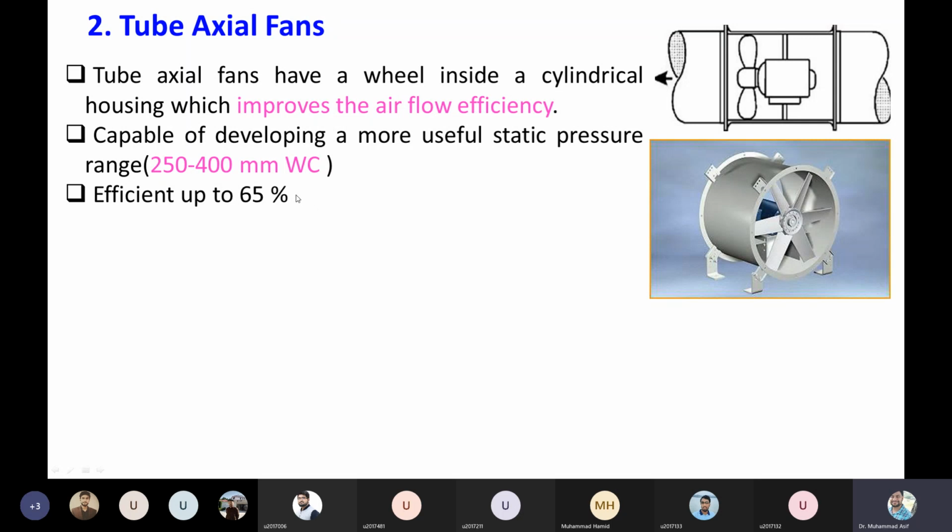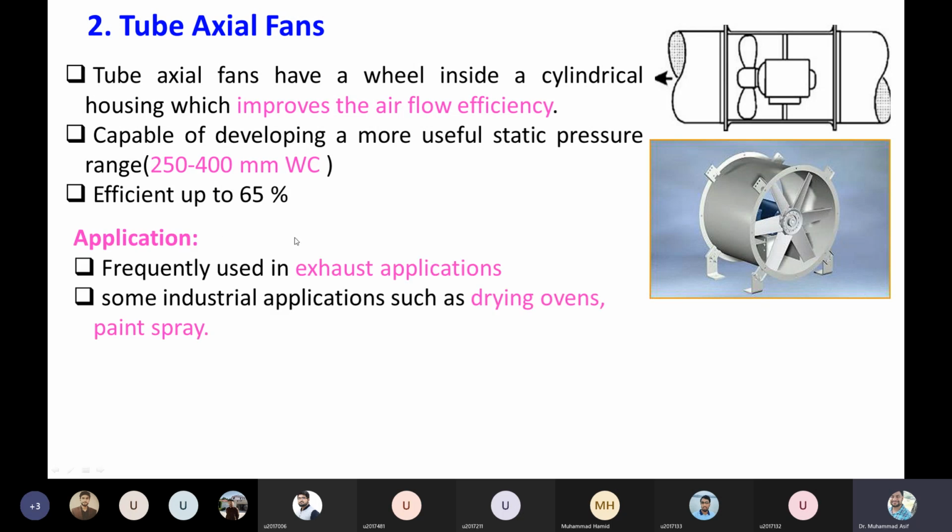Relative to the simple axial fan, their efficiency is higher, up to 65%. They have application in exhaust, and in some applications such as drying ovens or paint spray, they are used as tube axial fans.